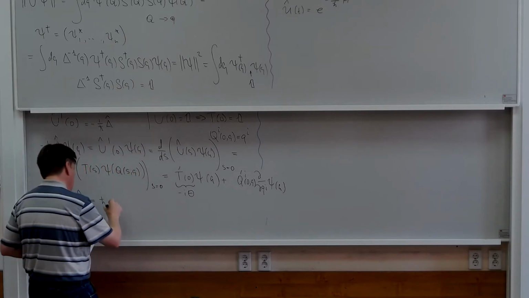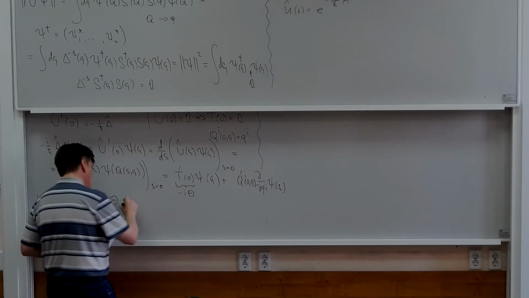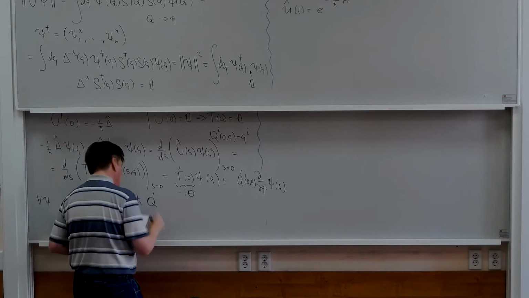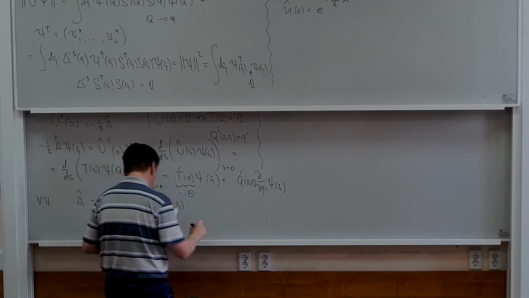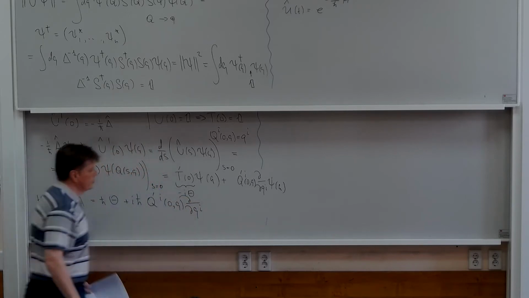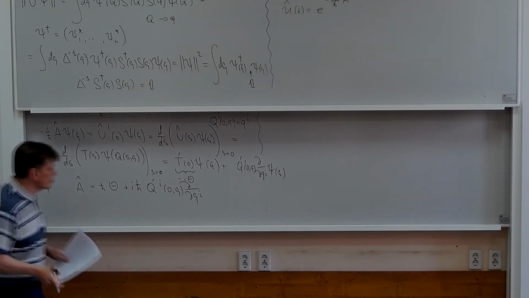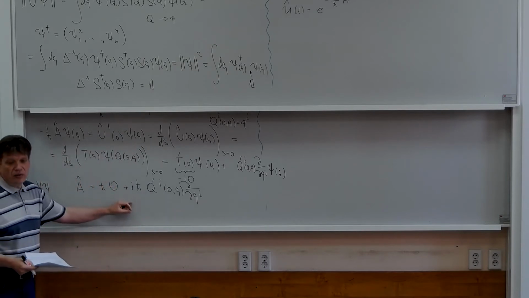So then I get this theta plus i h bar q prime i, 0 q, d dqi. Well, this is the answer.